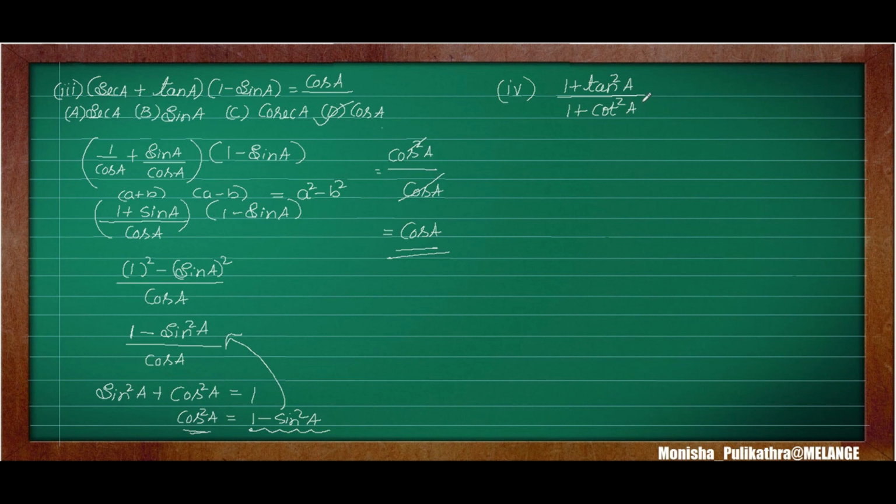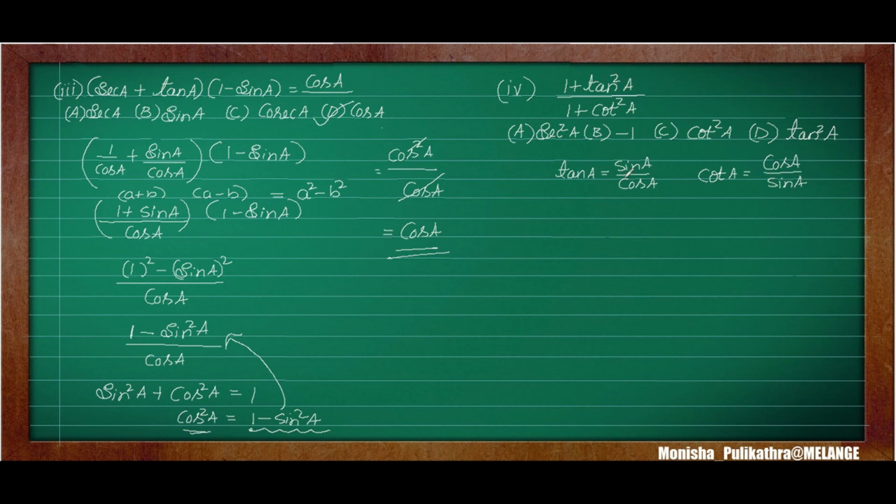The options given are: A, secant square A; B, minus 1; C, cot square A; and D, tan square A. Here we know that tan A is sin A by cos A and cot A is cos A by sin A. I will write it here.